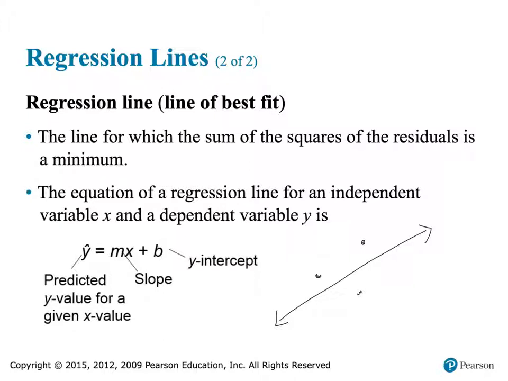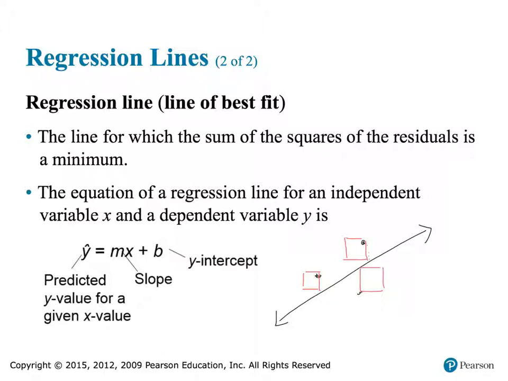If I were to draw in all of the errors in red, these red lines represent the amount of error in each of those predictions. If I then were to form a square, so all sides the same length, for each of those residuals or errors, my squares would look something like that.